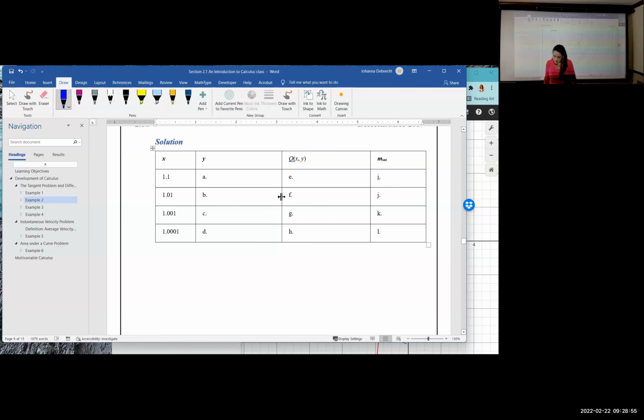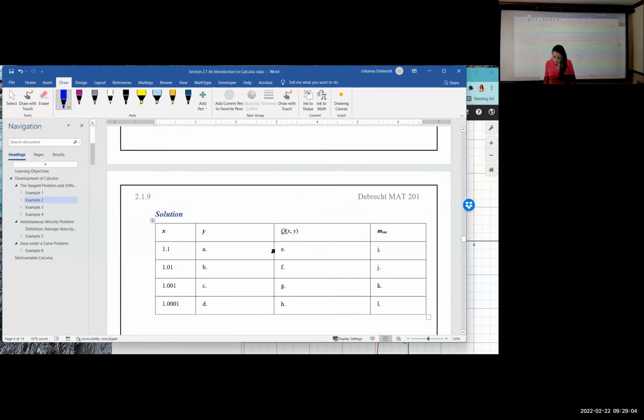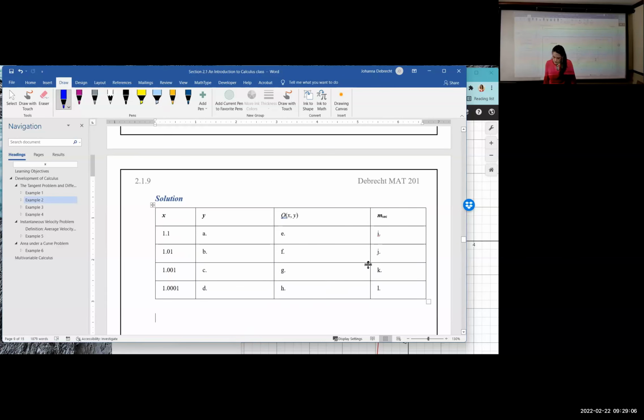I'm thinking maybe I need a little more space in that column. Okay. So when x is 1.1, what's the y value? What do you get for the y value when you do that?